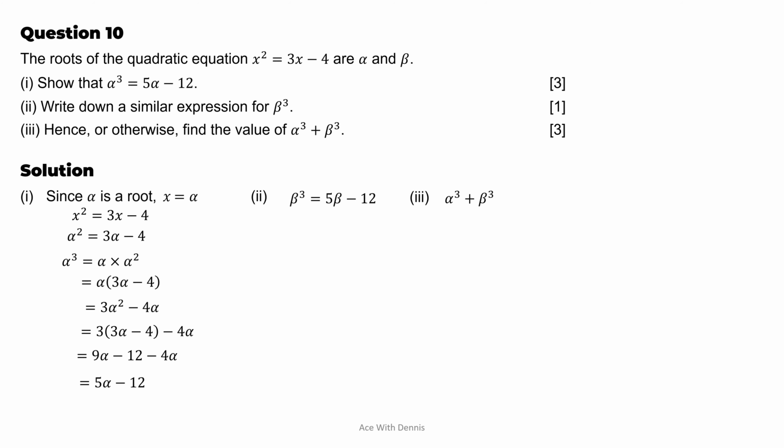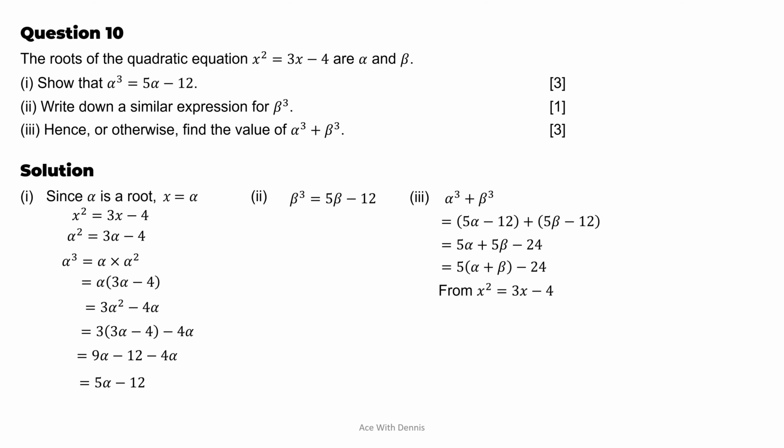Part 3. Alpha cubed plus beta cubed. So we already know the expression for alpha cubed, which is 5 alpha minus 12, and beta cubed is 5 beta minus 12. Simplify, we get 5 alpha plus 5 beta minus 24. We can factorize the 5, then it becomes 5 times alpha plus beta, minus 24.